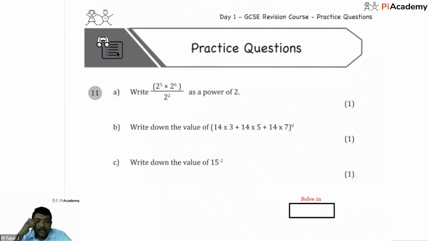Next. This is to do with indices. You can try this question. You can take about 2 minutes to finish it. Go ahead, all of you. All three, A, B, C. And I'll ask one of you. Don't give answers. Finished? Good.